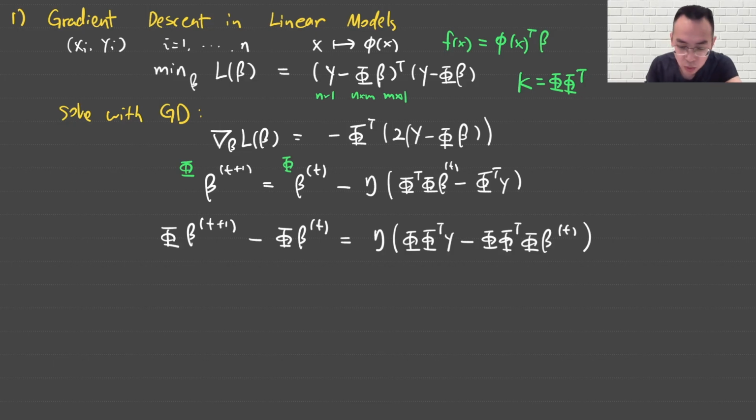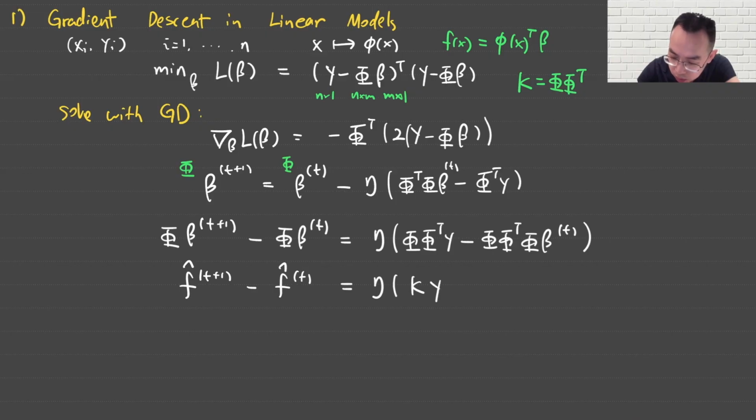Here we can replace phi times beta with the function f, so we have f hat of t plus 1, a predicted value, minus f hat of t equals eta times K y minus K times f hat of t.